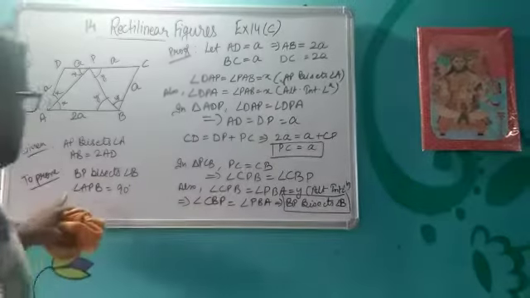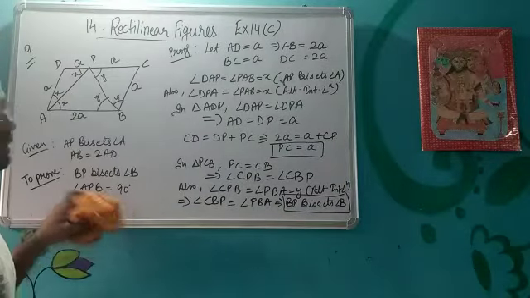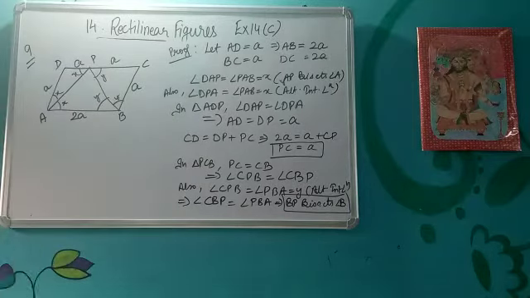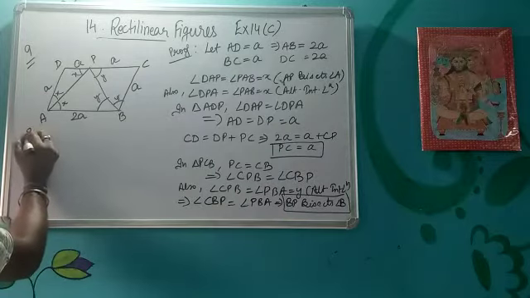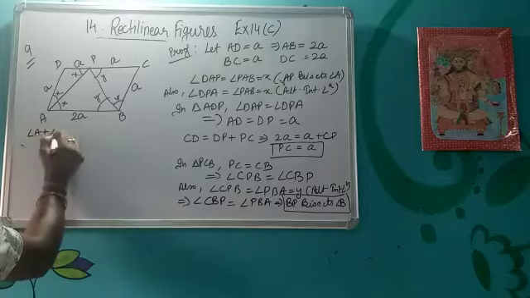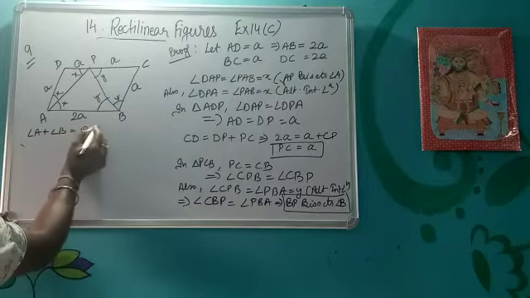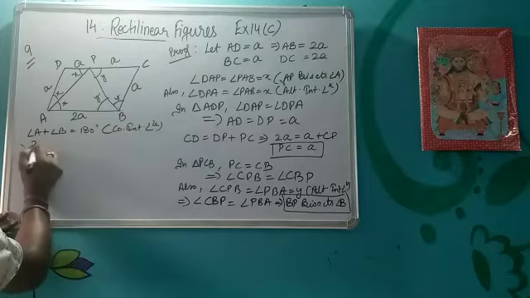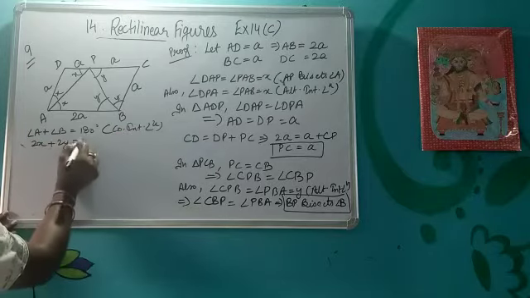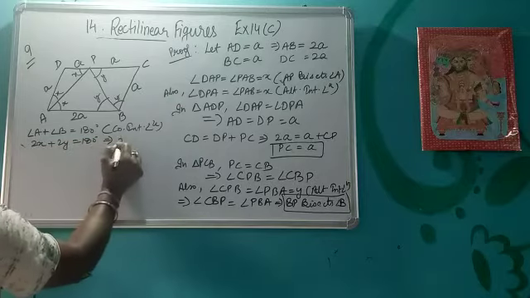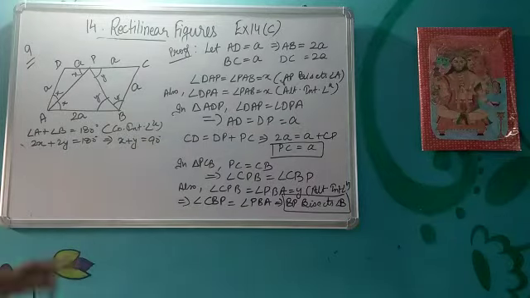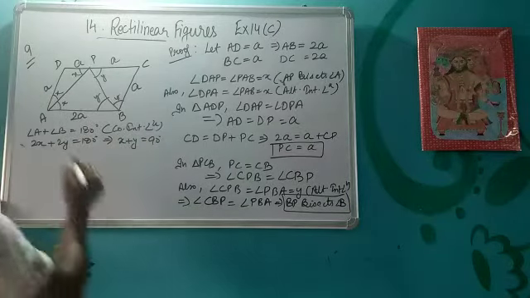Now for the last part, we have to prove that angle APB is equal to 90 degrees. So what we are going to do, we will take angle A plus angle B equal to 180 degrees, co-interior angles. So 2x plus 2y equal to 180 degrees. From here you will get x plus y equal to 90 degrees.